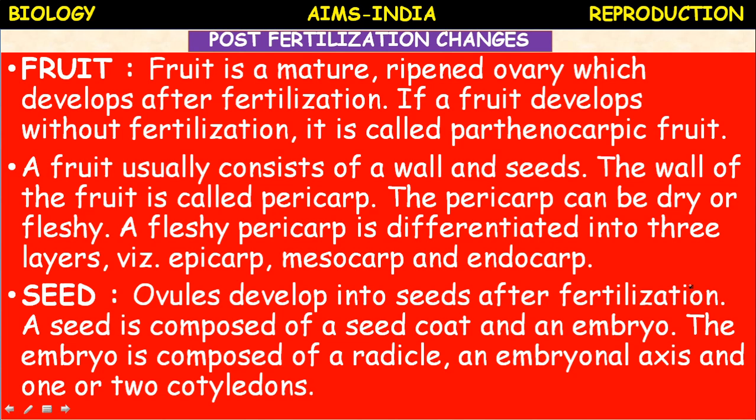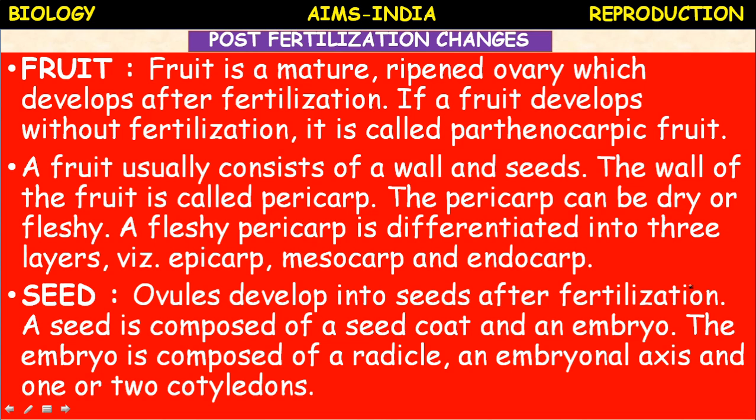So if you take the fruits, some fruits are categorized into true fruit and false fruit. Basic I am giving you. The fruit derived from the ovary of a flower, not associated with any non-carpellary part, is called a true fruit.